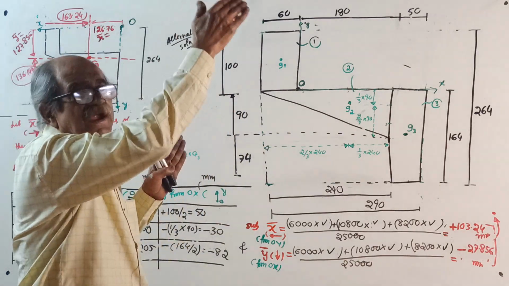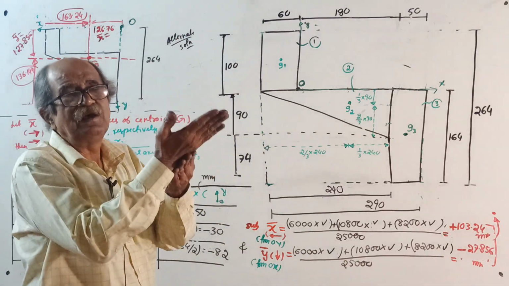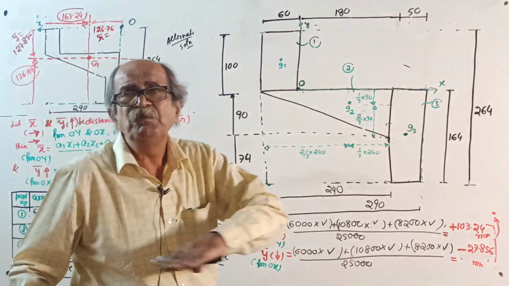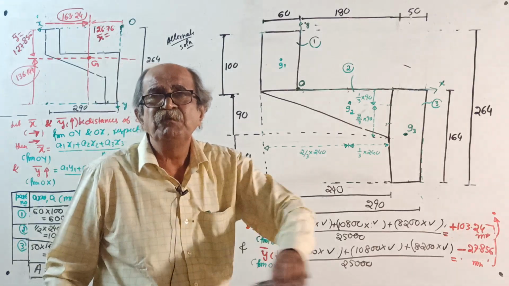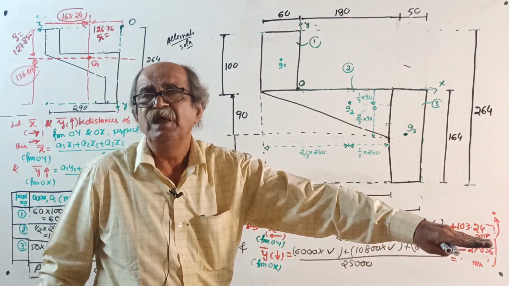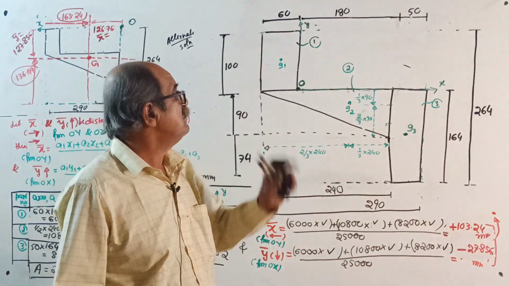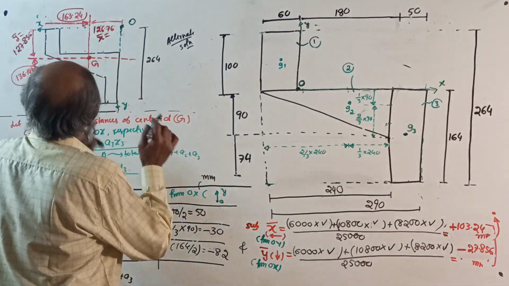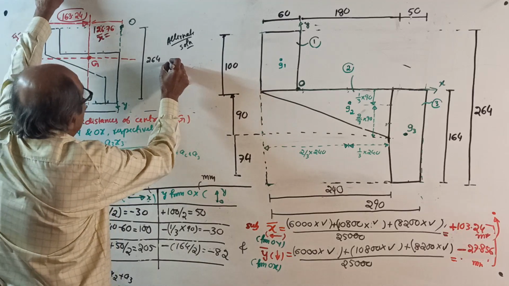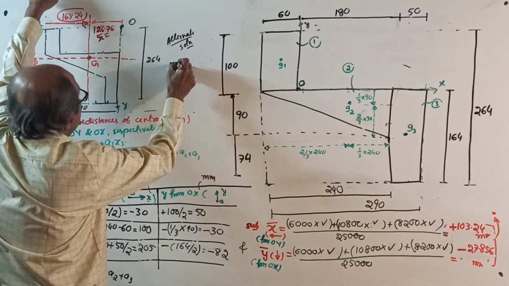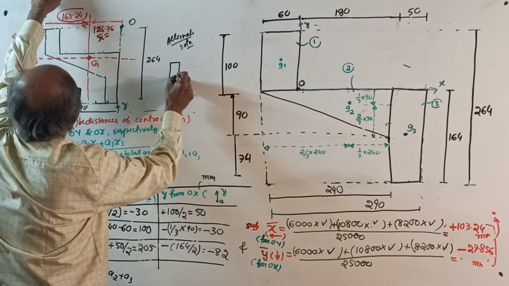either left vertical extreme edge or right vertical extreme edge. For y bar, how many times I told, bottom extreme edge or top extreme edge, right here. But suppose in the question the shape is given this way.